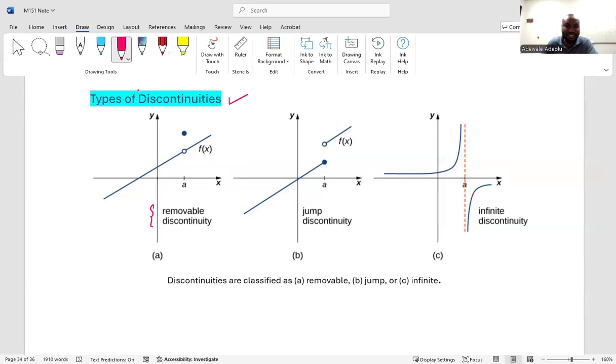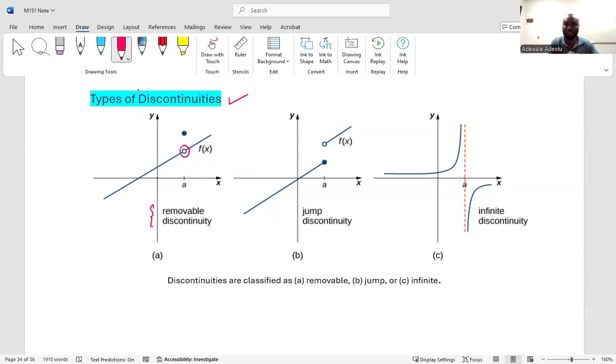Removable discontinuity is when the limit actually exists, but the value of that function at A is not the same as that limit. We say it is a removable discontinuity because the limit from the left is the same as the limit from the right, but we still have that it is not continuous at that point. It means it has been removed.